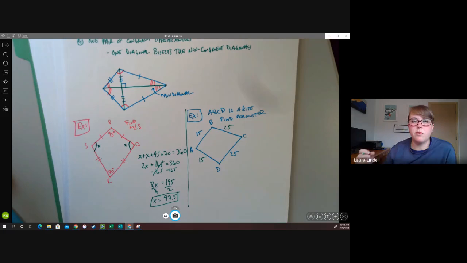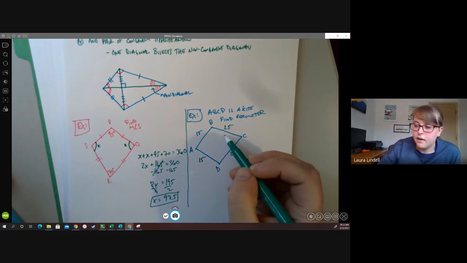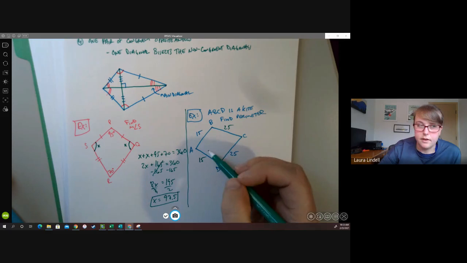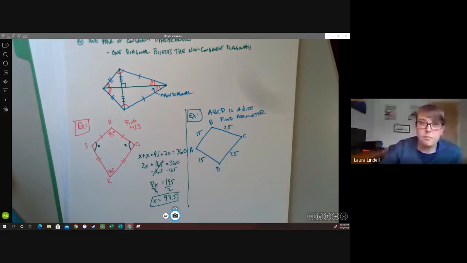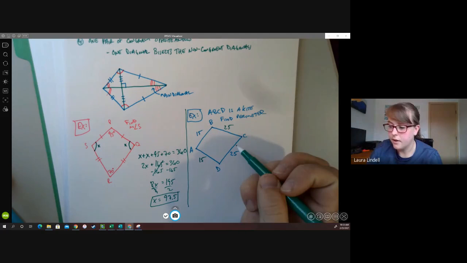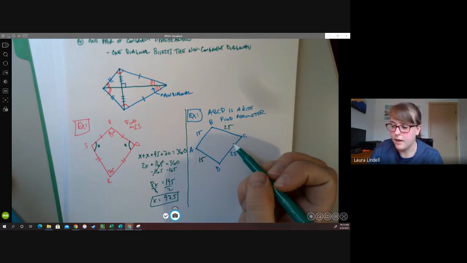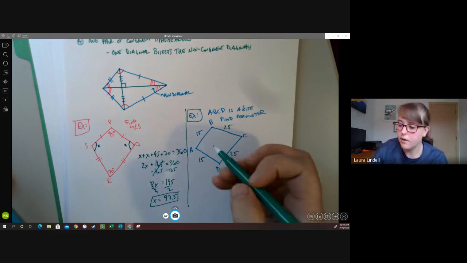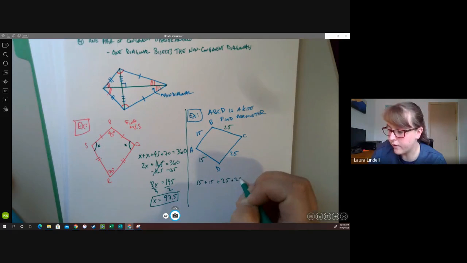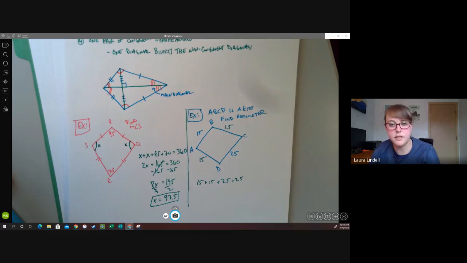Usually you would also want to be told a little bit more information, like which two sides are supposed to be the same, like it could be AB and BC. A lot of times you can do it by looks, but if we're just finding the perimeter and we know the two different side lengths, we can just add them: 15, 15, 25, and 25 without really knowing which side they belong to.